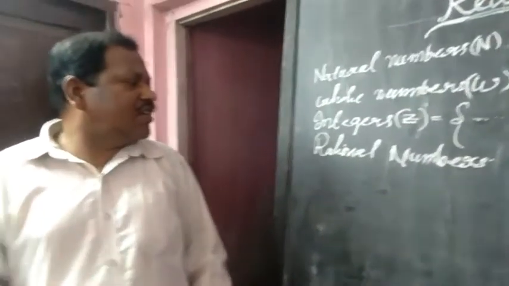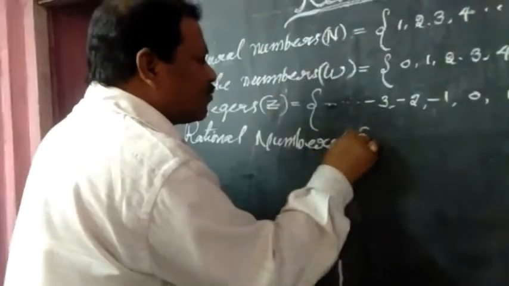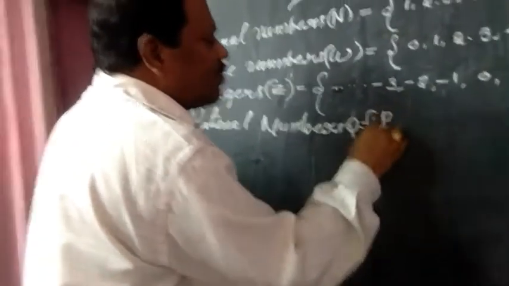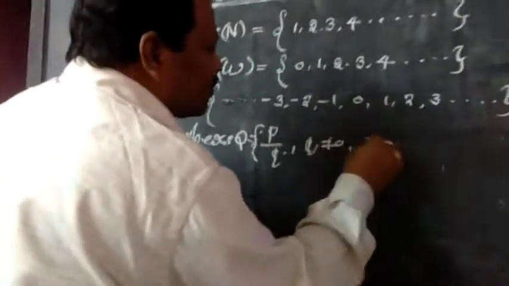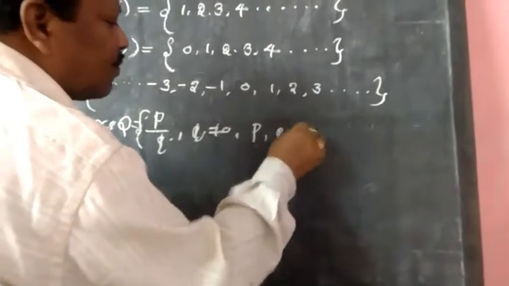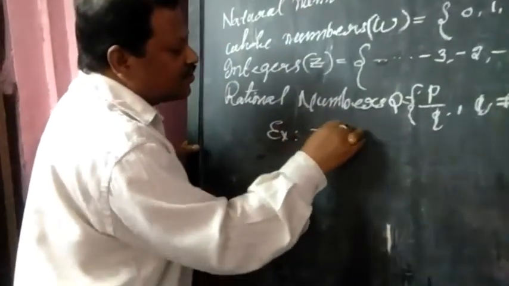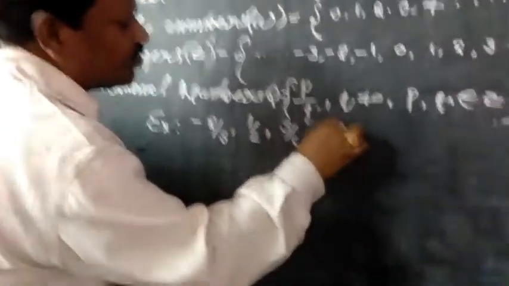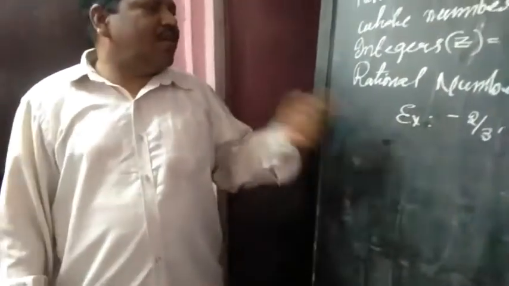It is denoted by Q. P and q belong to J. Examples: -2 by 3, 1 by 2, 3 by 4, 0, -3, -8 and so on.